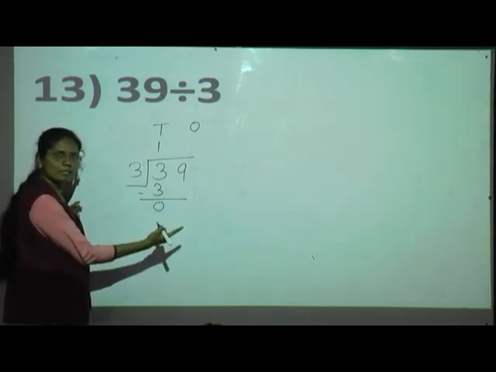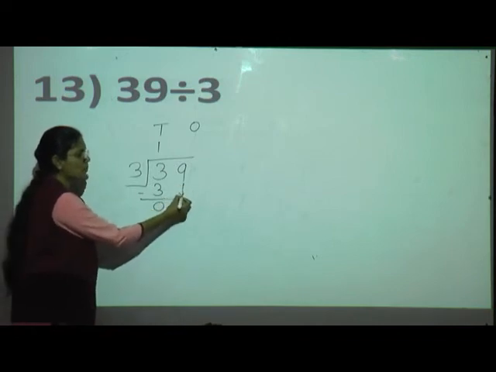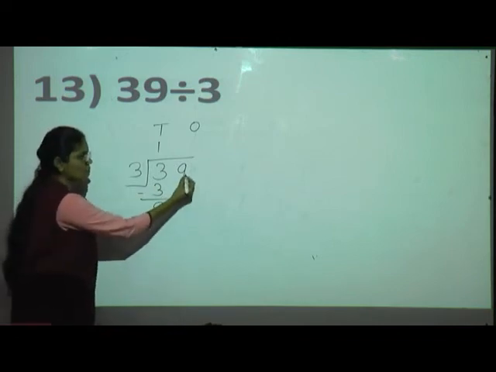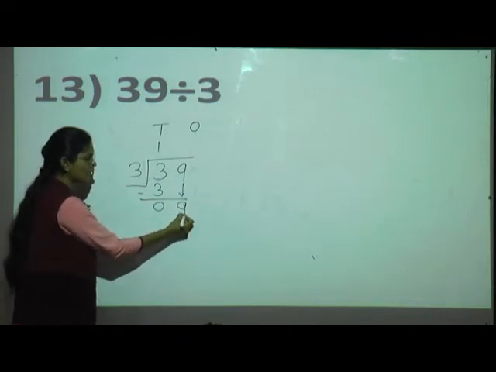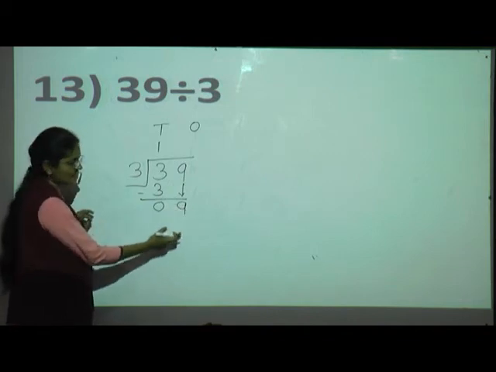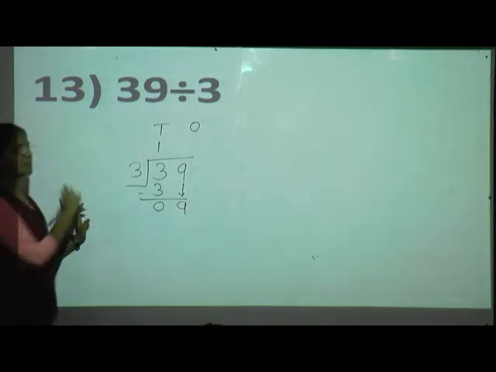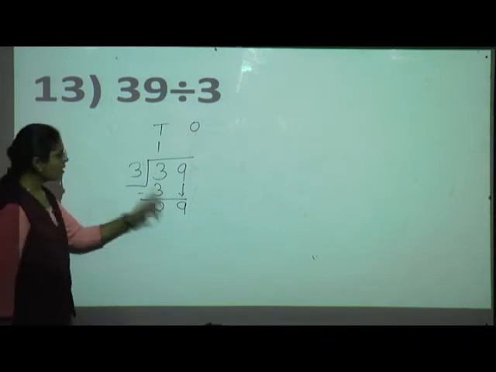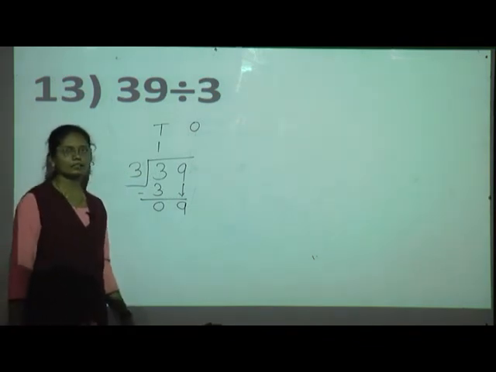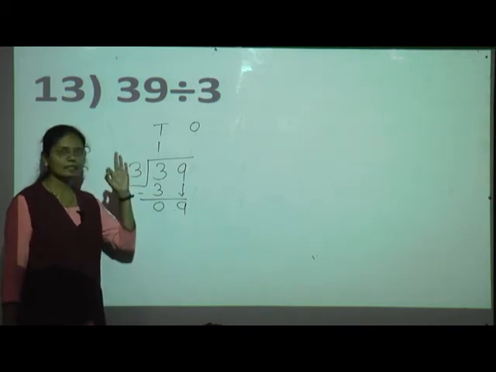Now the next step is, yes, this number we have to take down. So what is the number here? 9. 9 is at ones place. So here again we write 9 because this number will come down in the second step. Now 9 divided by 3. In 9, how many 3's are there? Yes, in 9 there are 3 3's.